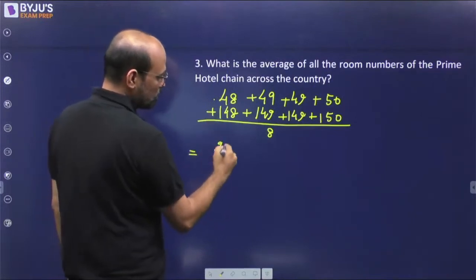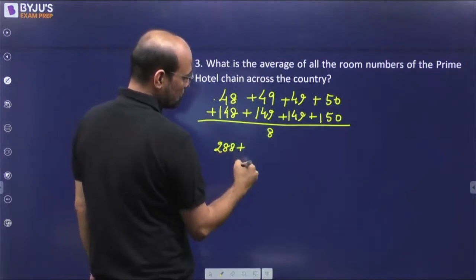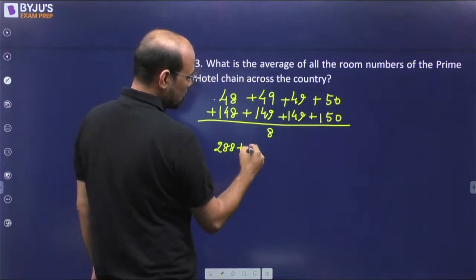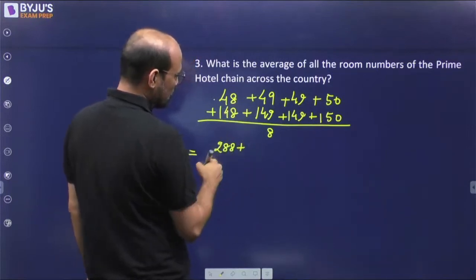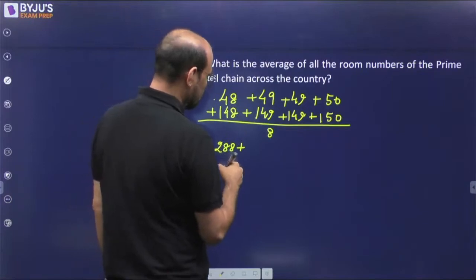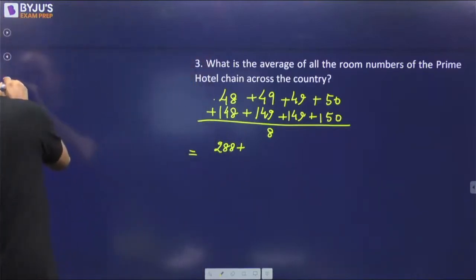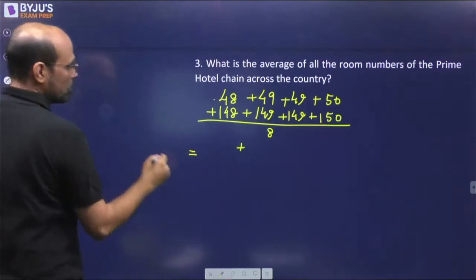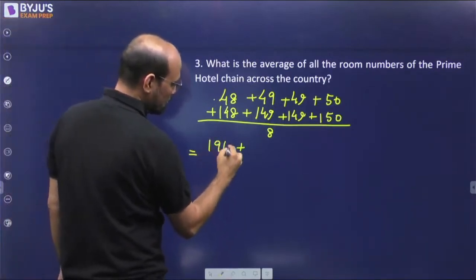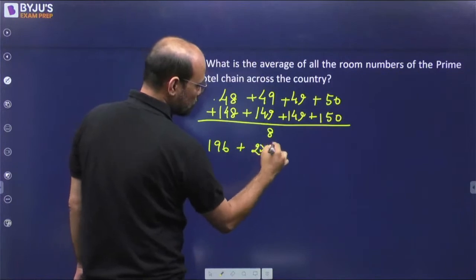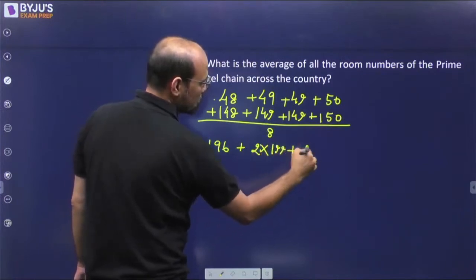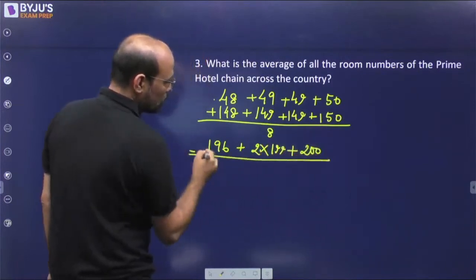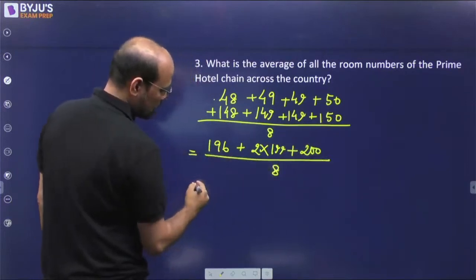So this is going to be 288 plus 196. Not 288. So this is going to give us 196 plus 2 times 199 plus 200 whole divided by 8.